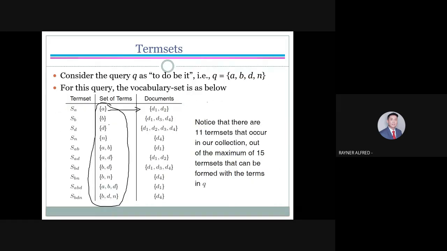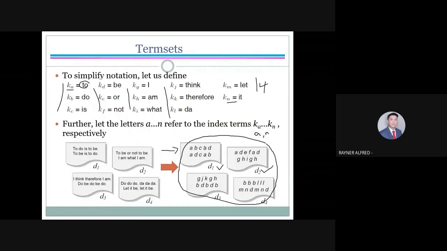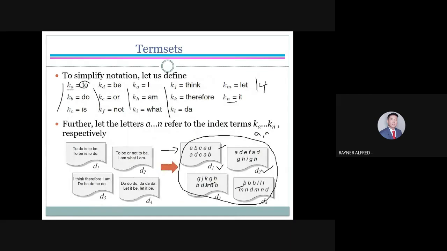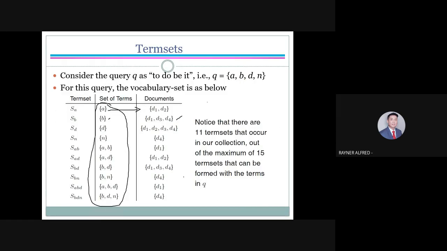For B, we have 1, 3, 4. And for D, we have all 4 documents. The same thing goes for the rest.